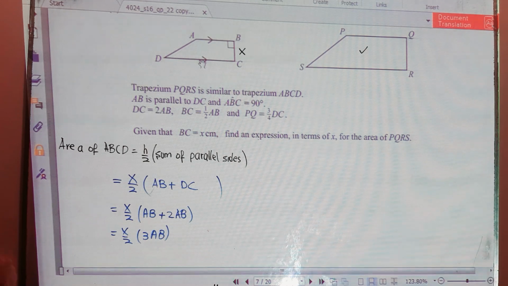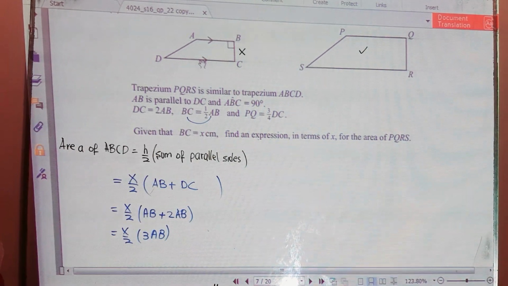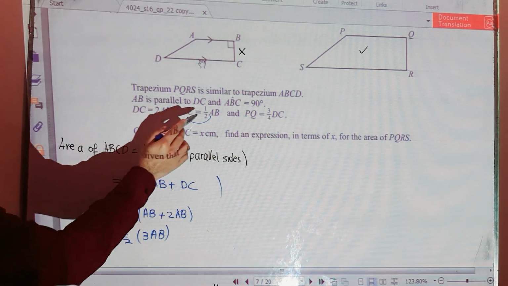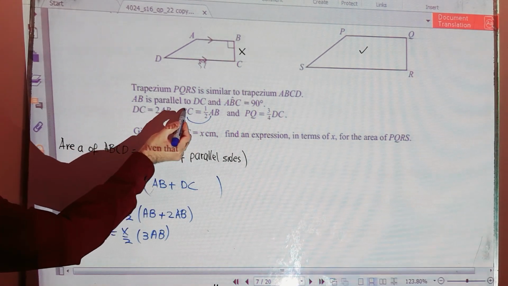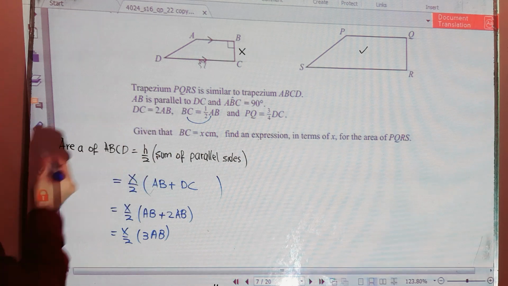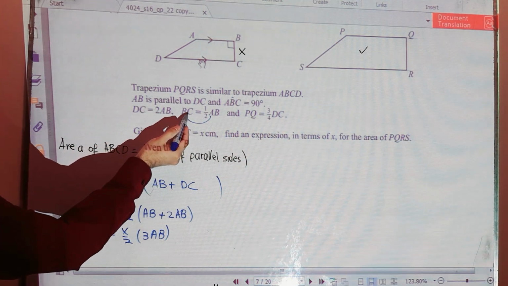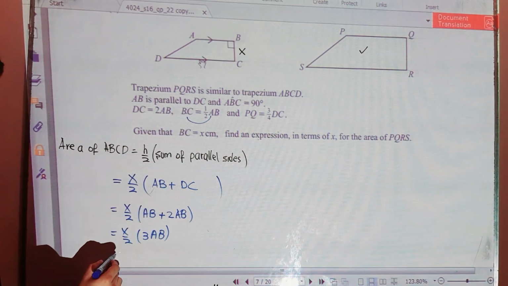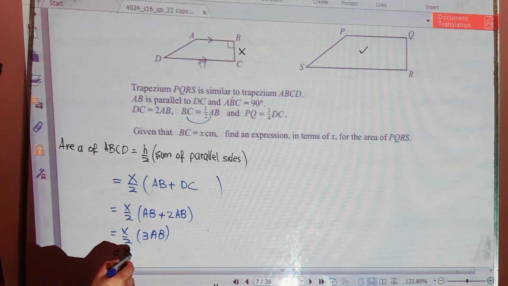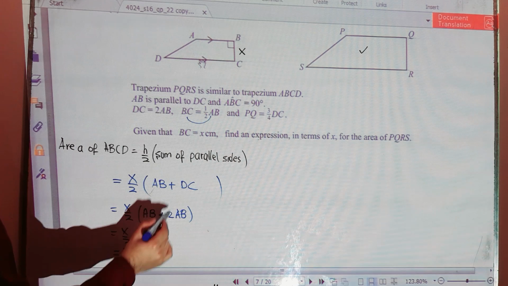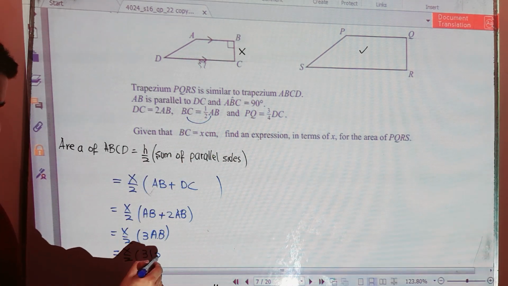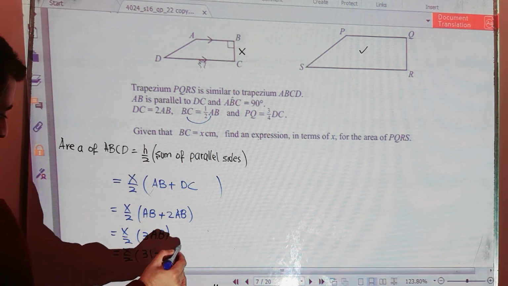Now one more thing, using this you can say that AB is 2 into BC. When you move this 2 to the left side, it will be multiplied with BC, so AB will become twice of BC. So I can write x/2 times 3, and in place of AB I am going to write 2 into BC.